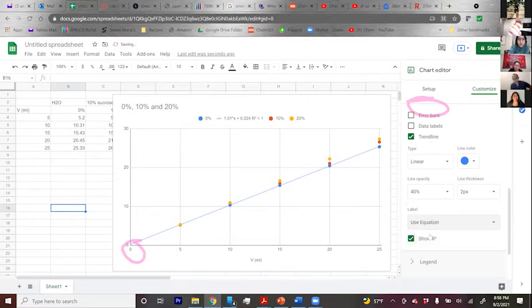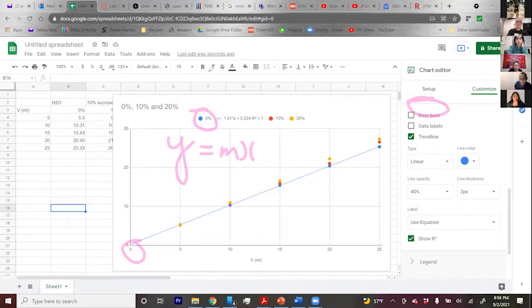So there you go. Now I have for 0%, which is just water, my equation. Y equals mx plus b. There's the equation right there.